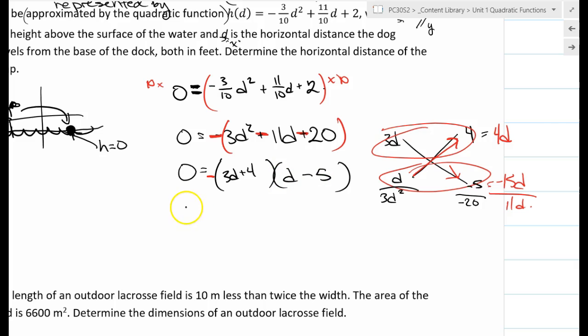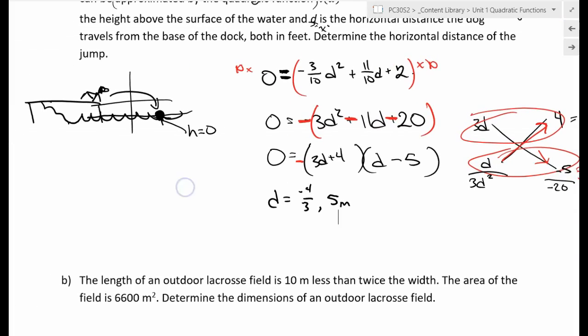So working within this idea, d would have to be either negative 4/3 or positive 5 meters. Well, would it make sense that the dog jumped backwards if we're trying to jump into the water? No, it would not.